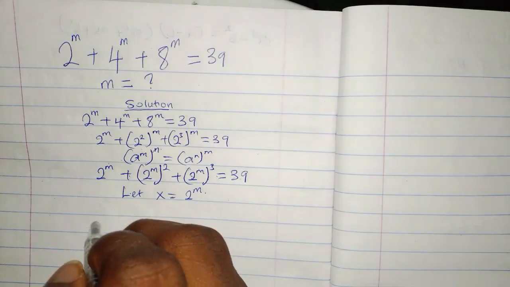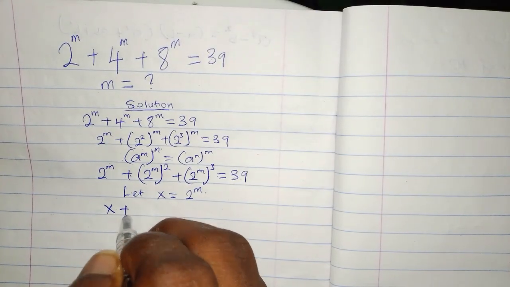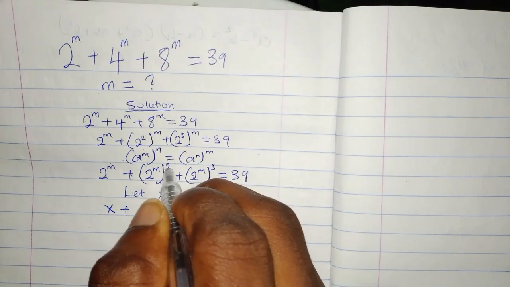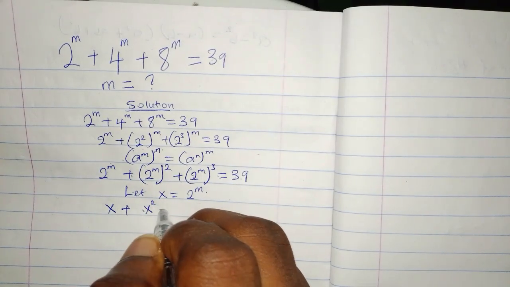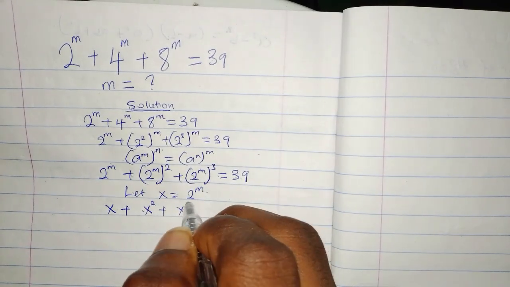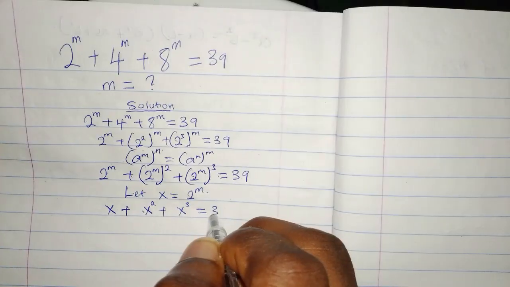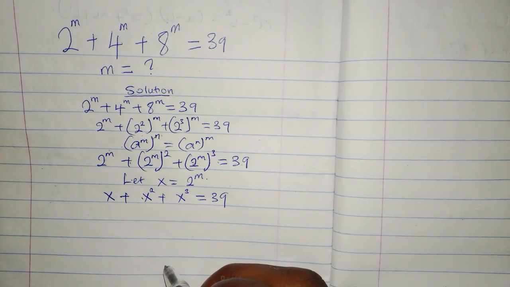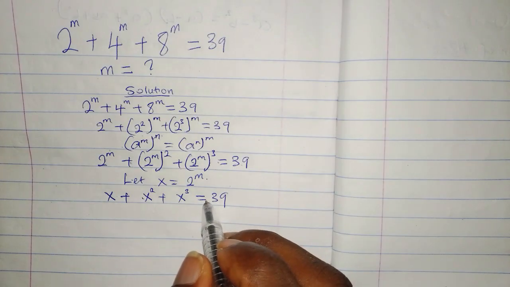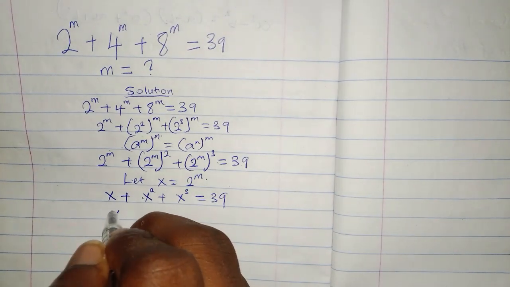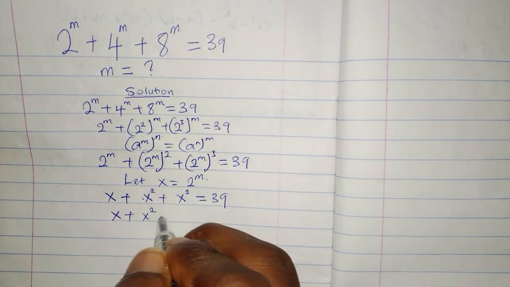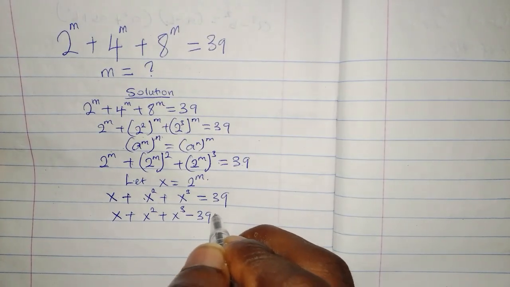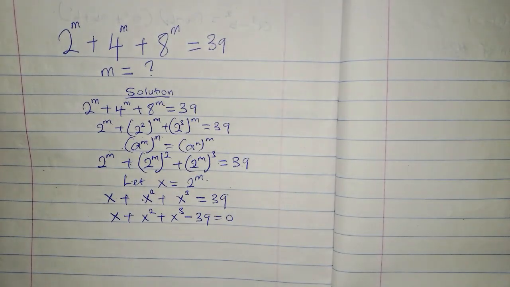Here we have x plus x to the power of 2 plus x to the power of 3 equals 39. Having this, we bring this to the other side, so we have x plus x squared plus x cubed minus 39 equals 0.